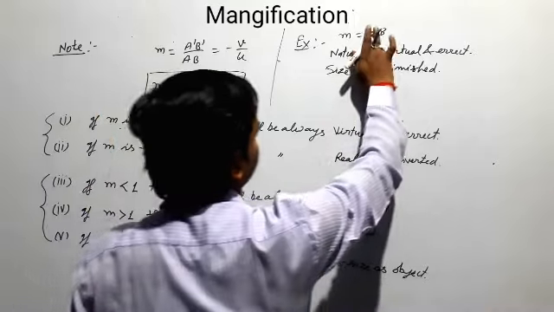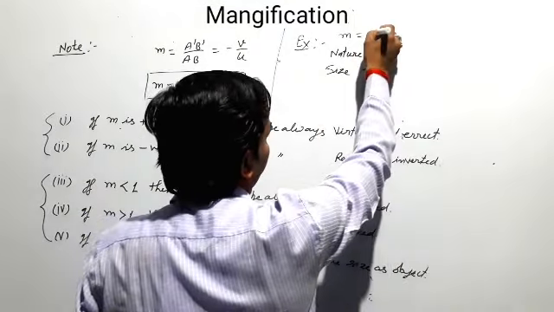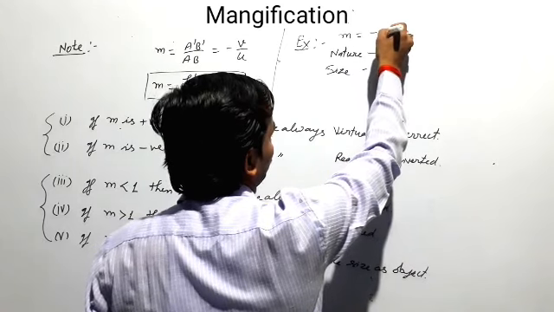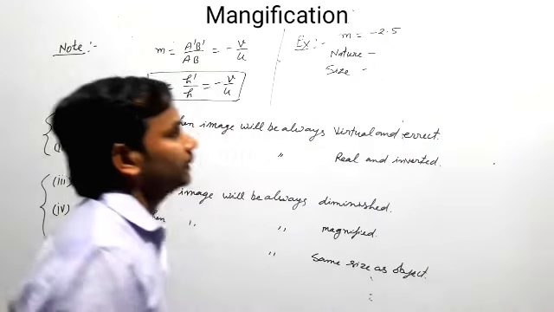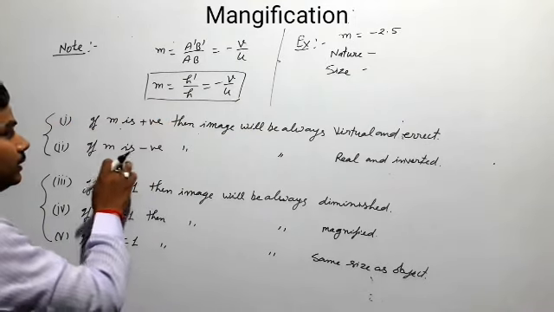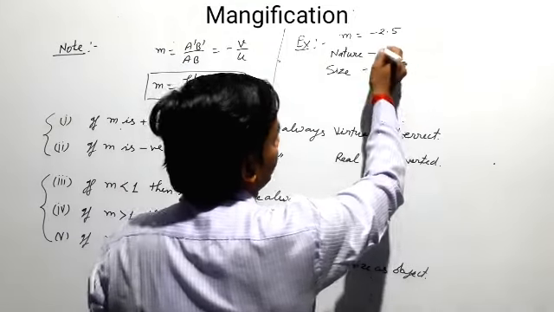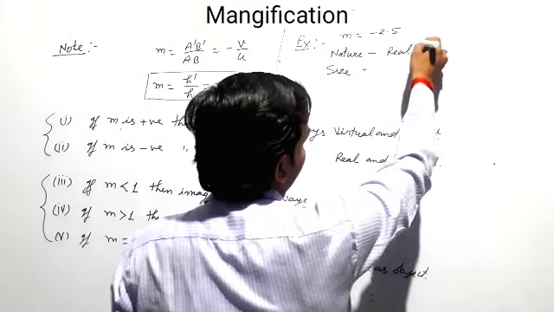Now we consider the next example. If the value is minus 2.5, okay, now what is the nature? Now here the m is negative. If the magnification is negative, then nature will be real and inverted.